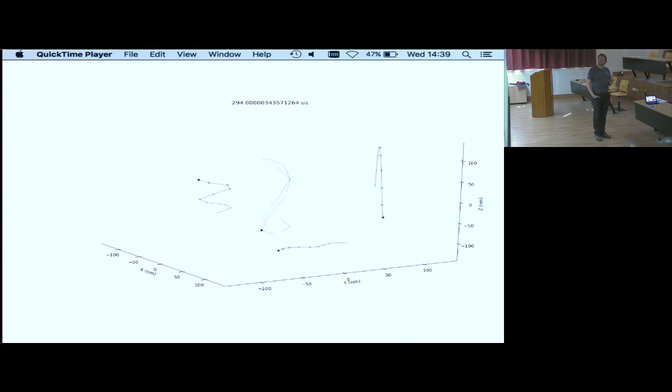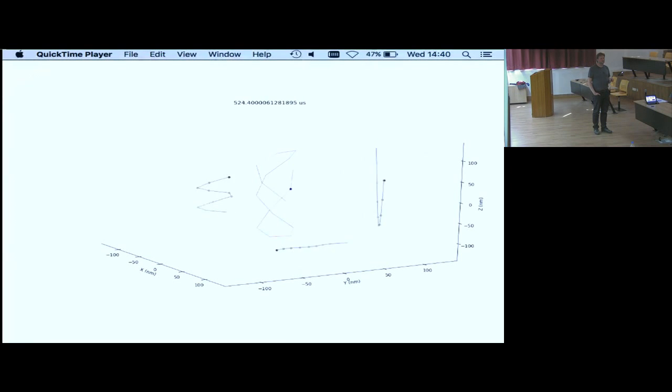Here you see the projections along the different directions: here's Z, here's Y, here's X. That's real data, and this is in microseconds, forget about all this here. It's like 400 something microseconds, so it's a slowed down movie of the motion. But you see it's oscillating all the time.